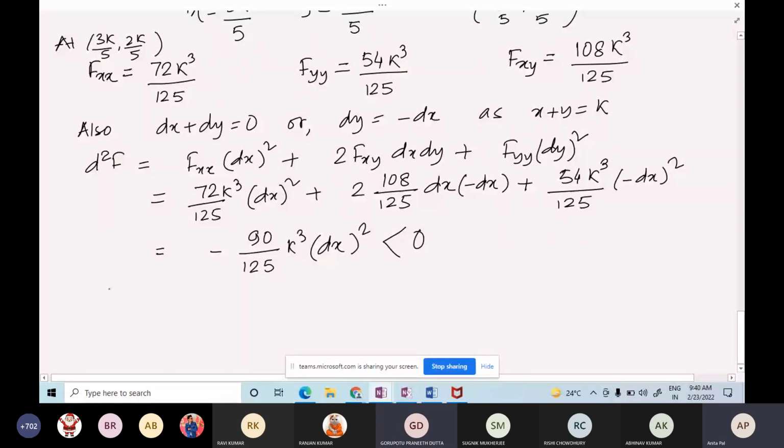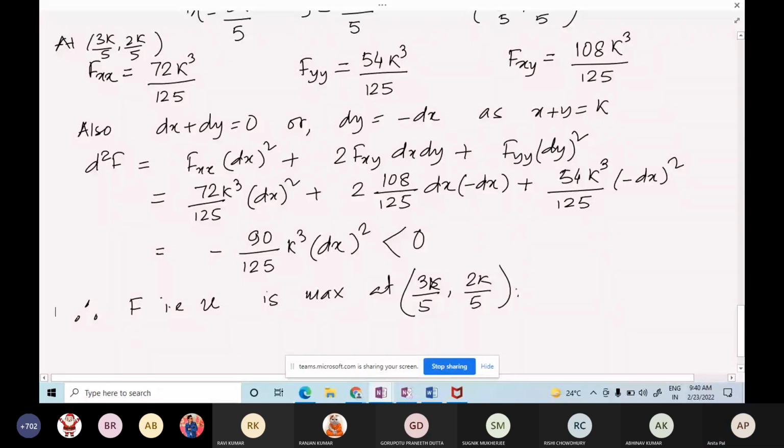Small f and capital F have the same nature, here named u. So u is maximum at 3k by 5, 2k by 5. Now we find the maximum value of the function at this point.